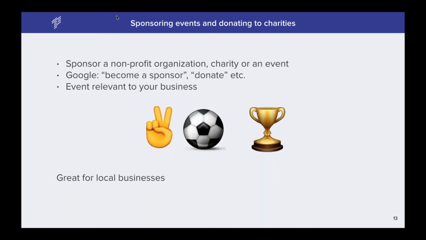All you have to do with sponsoring an event is Google your keyword or your niche and words like become a sponsor, donate, or our supporters, things like that. Another thing is making sure that they can link to you.